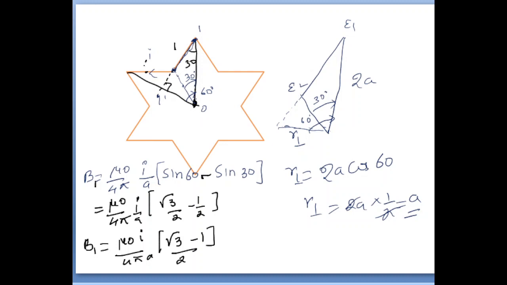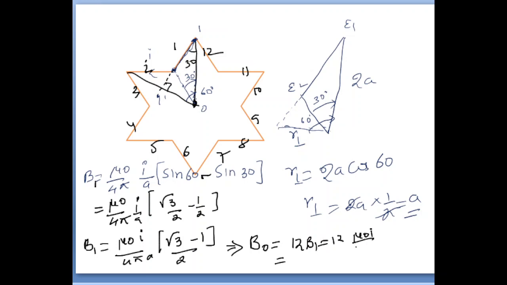One, 2, 3, 4, 5, 6, 7, 8, 9, 10, 11, 12. Total 12 segments are there. So the total magnetic field will be 12 into B1. So 12 mu naught I by 4 pi a times (root 3 minus 1) by 2. 2 sixes are 12. So your answer is mu naught I by 4 pi a, 6 into (root 3 minus 1).